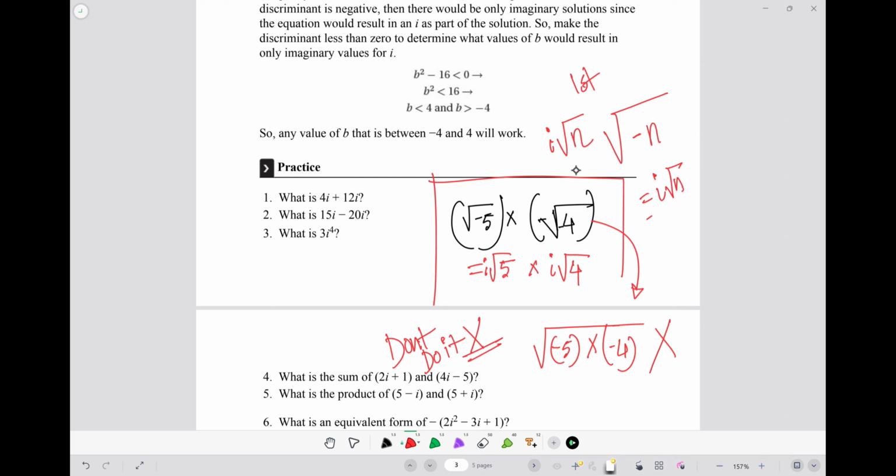Anyway, we're going to need to know the meaning of i to the power n, basically how do we calculate i to the power 5? How do we calculate i to the power 9? I'm going to cover some extra things.